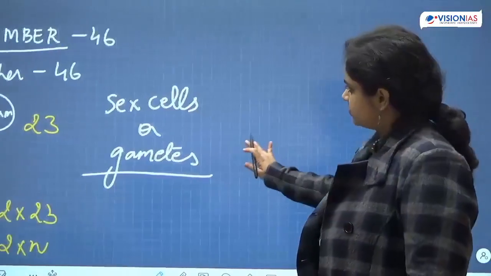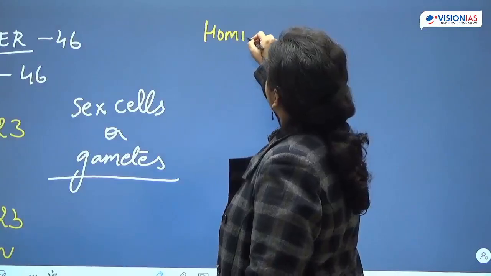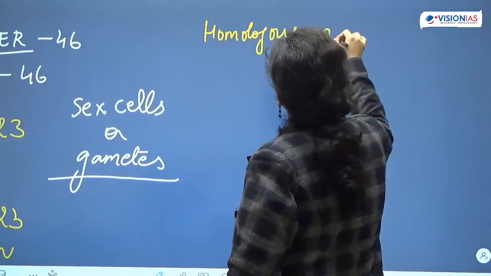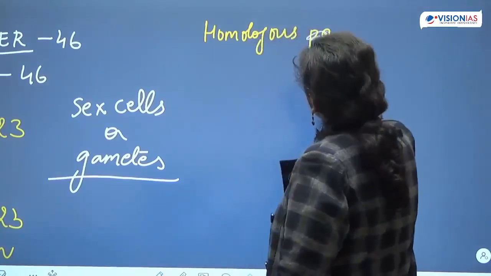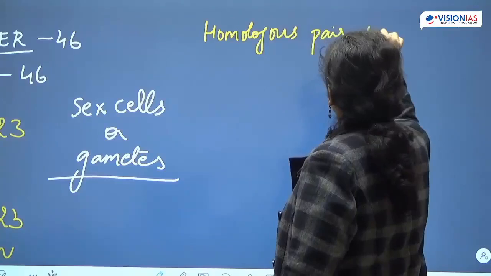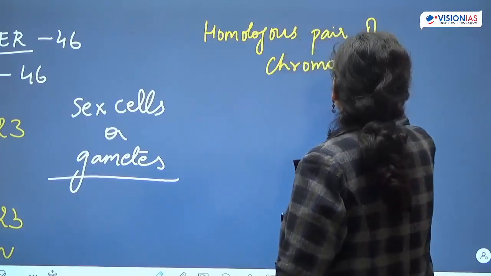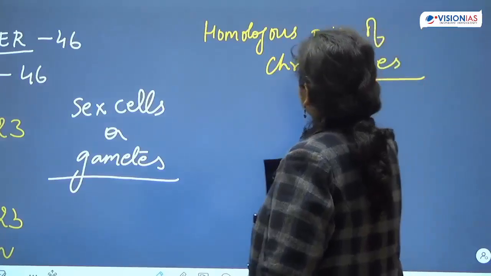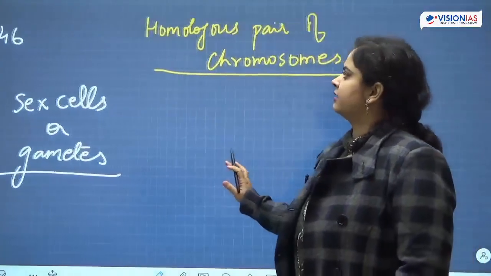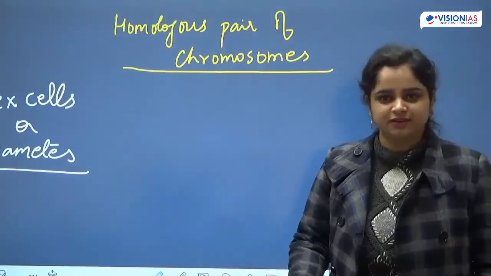The concept which we are bringing in here is called homologous pair of chromosomes. Now please listen to this clearly. This is very important for the rest of it.